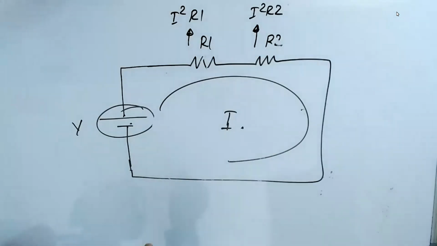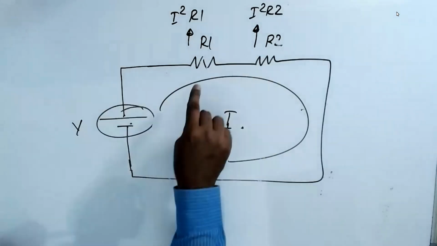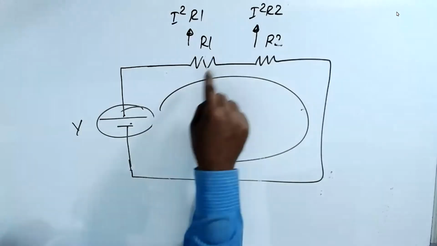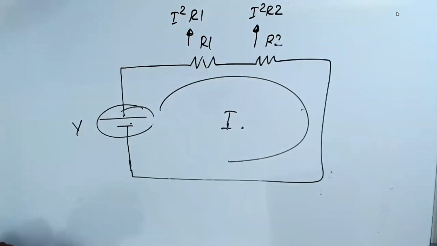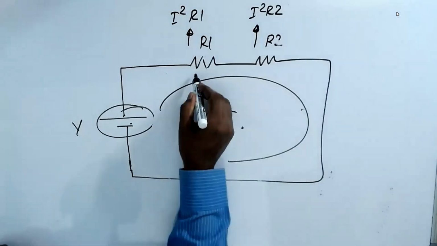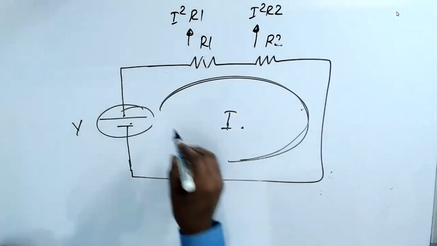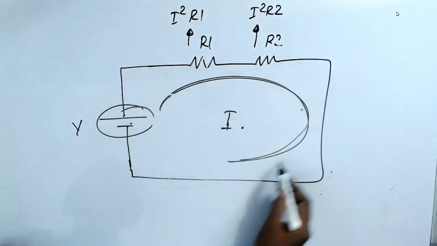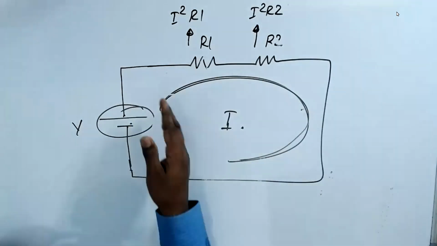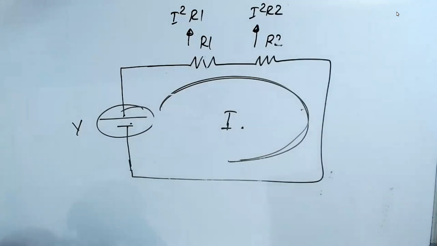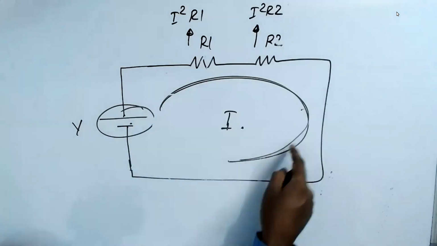We have a circuit, but now with two resistors connected in series. Since they are connected in series, this current is common, because the electron starts from here, flows through both and comes back. There's no way it can be different. If you connect a single circuit, the current is common.